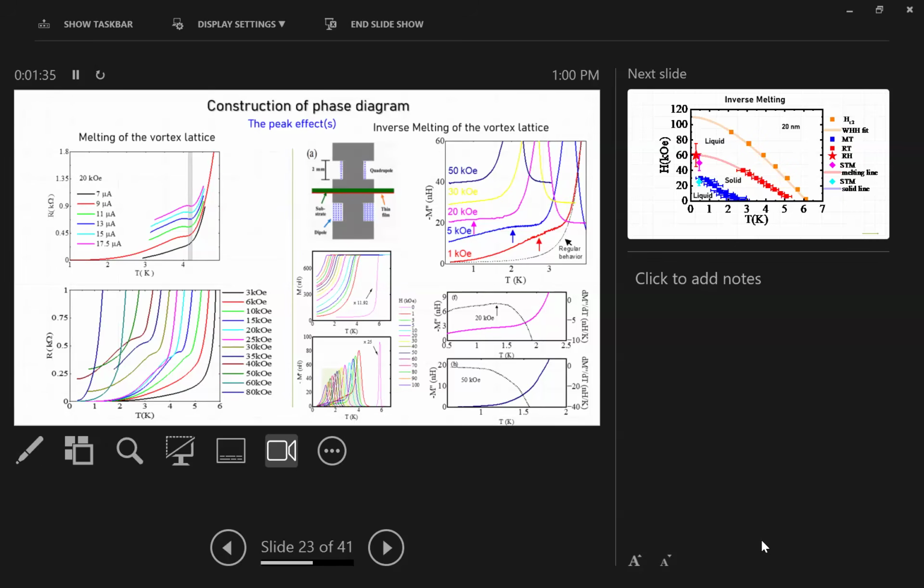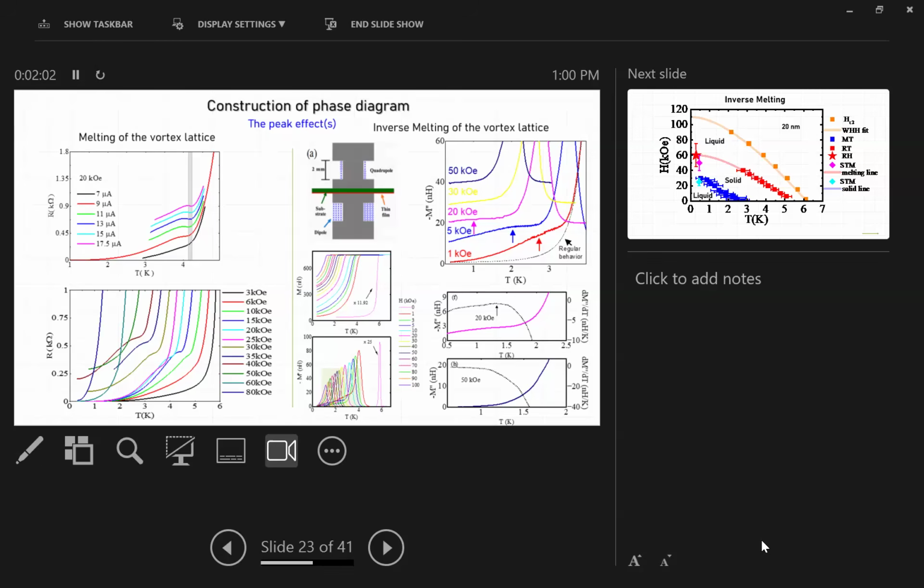It will reflect in magnetic shielding response, in susceptibility, in resistivity. So for example, here you see, this is the melting transition. Melting means a higher field transition. And here if you measure resistance as a function of temperature at a current which is close to a critical current, instead of going monotonically, you have this anomaly here. And this is what we track, for example, to make the phase diagram.